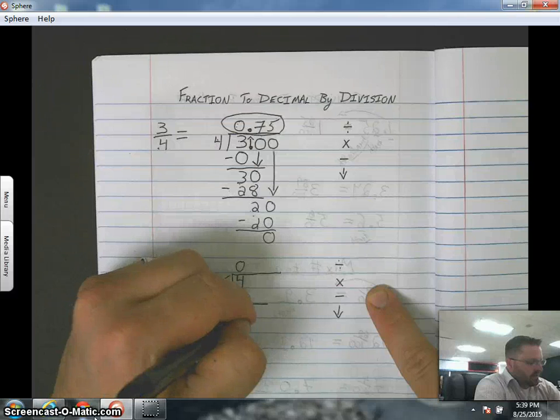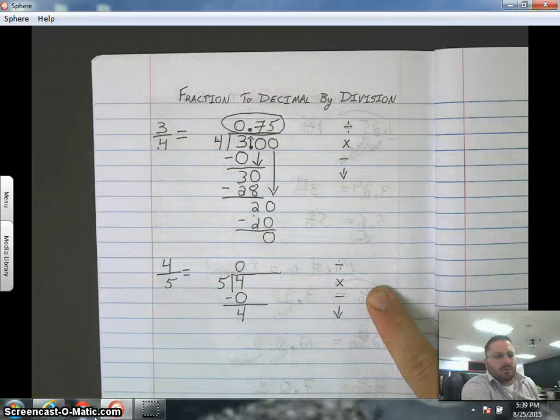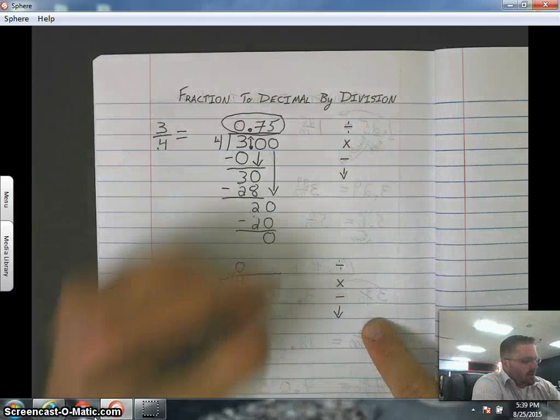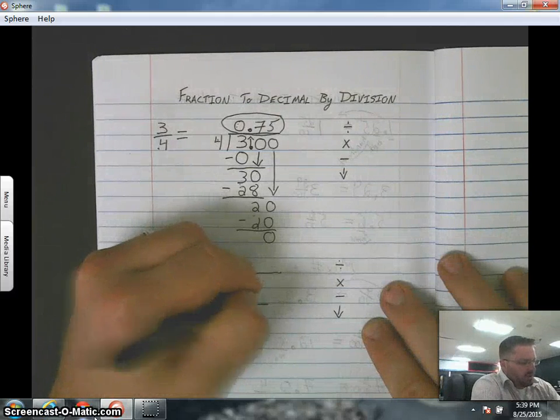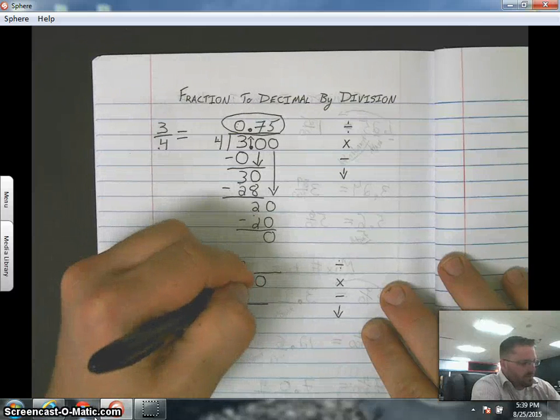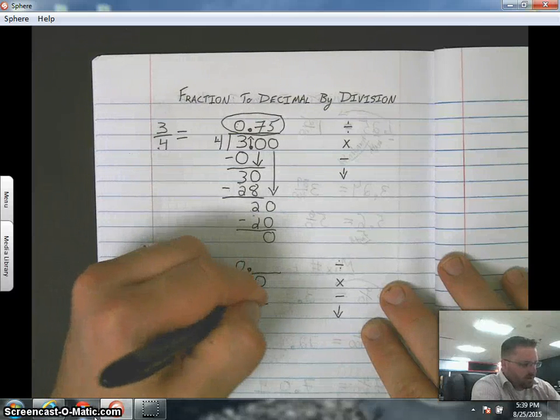That is 0. I about said 0. 4 minus 0 is 4. I did it again. Now I'm going to add my decimal point and a 0. Decimal comes up. 0 goes down.